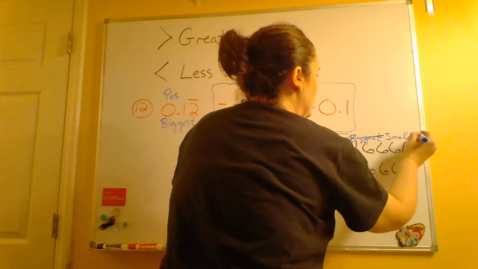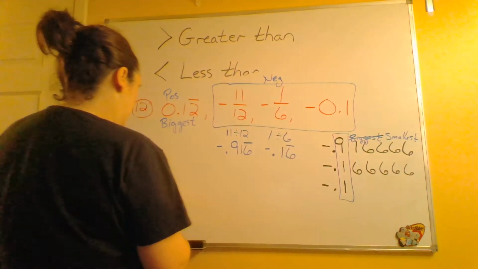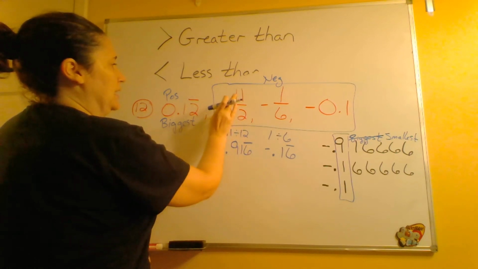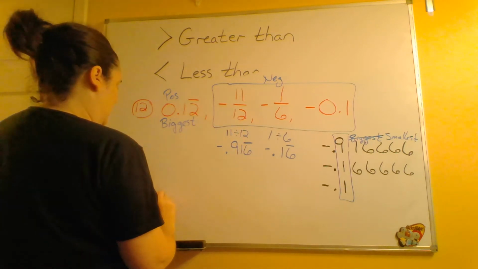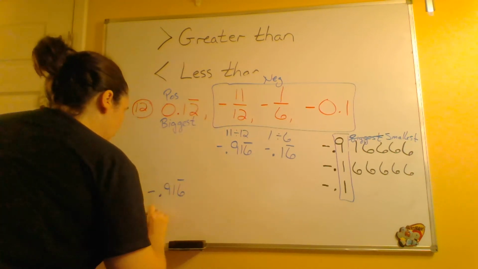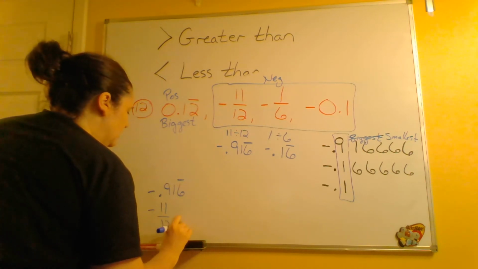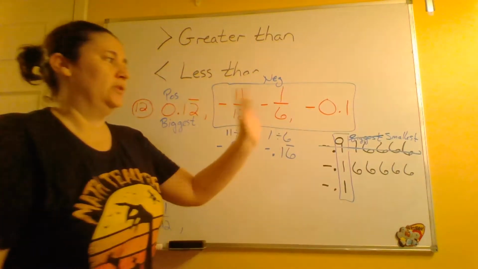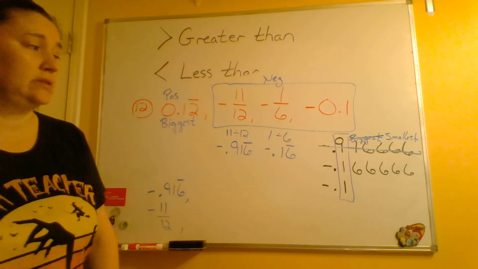So the smallest number on the list is negative 0.916 repeating, which is negative 11/12. That's the smallest one on the list. I can cross it off now. I don't have to worry about it anymore. I know it's the smallest.